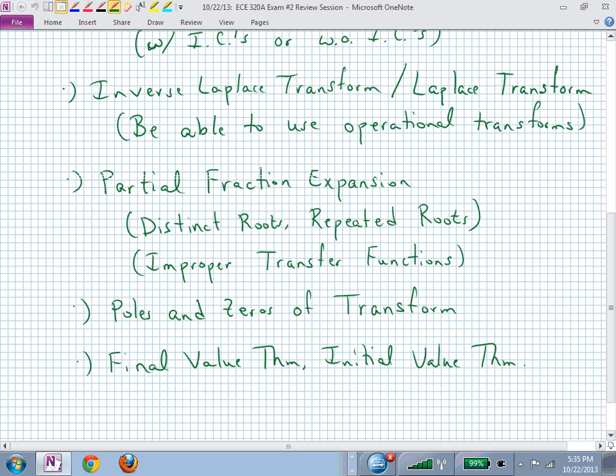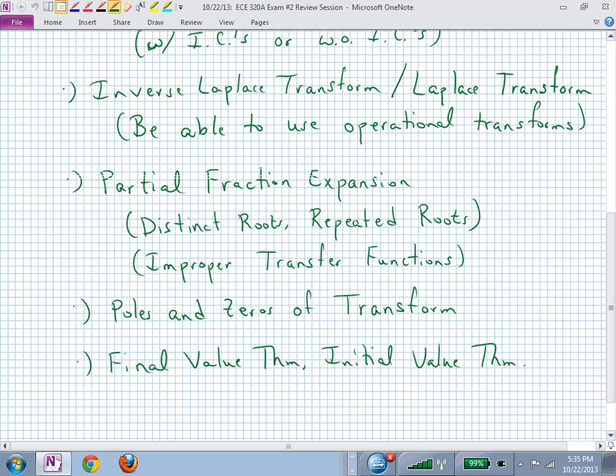You may have to divide the denominator into the numerator 1 or 2 times until the numerator of your remainder is strictly less than the order of your denominator polynomial. Meaning there may be some improper transfer functions directly or indirectly through a few terms that you're asked to now inverse Laplace transform. That should be clear from some practice exams.